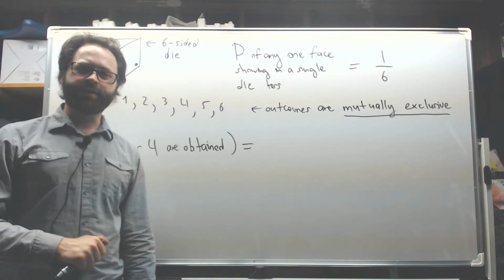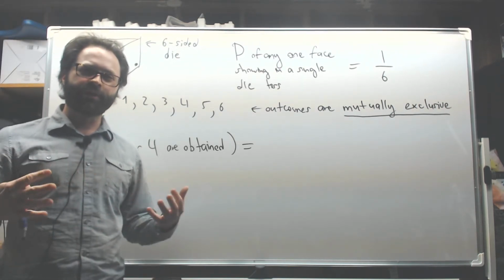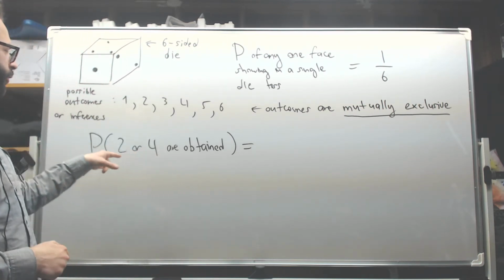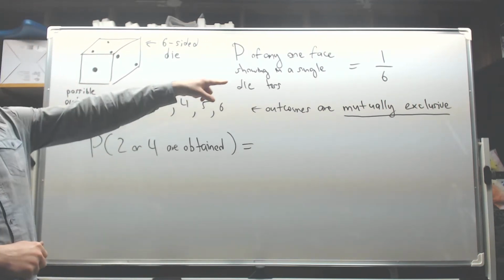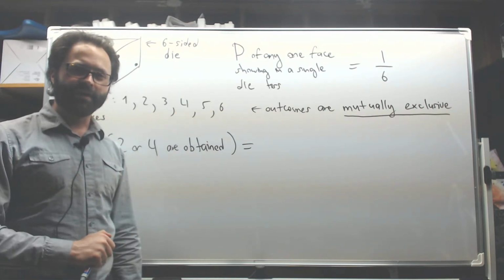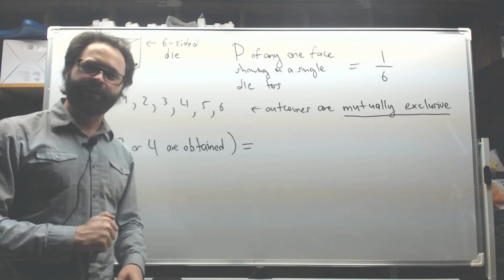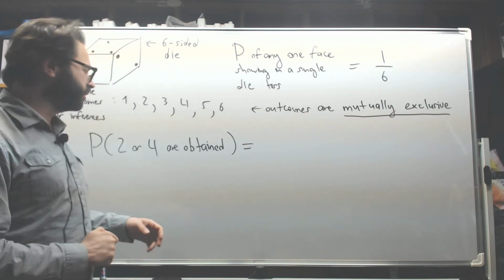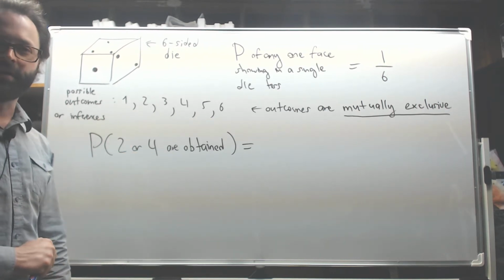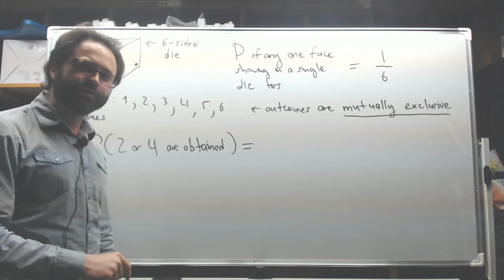And the reason why it's not going to be 1/6 is that we expect intuitively that this probability is going to be larger. Because if we were only looking for a 2, we expect that to occur 1 out of every 6 times, with a probability of 1/6. But sometimes now 4 will be obtained in those however many outcomes. And so the probability that this or that is obtained is expected to be larger.